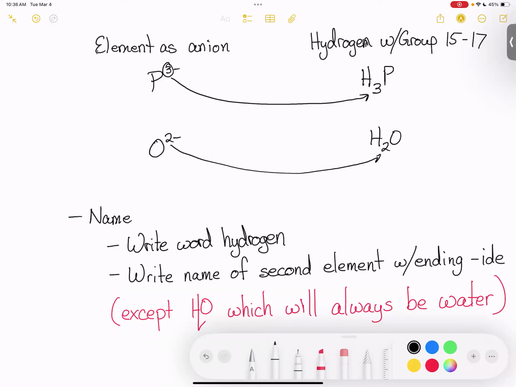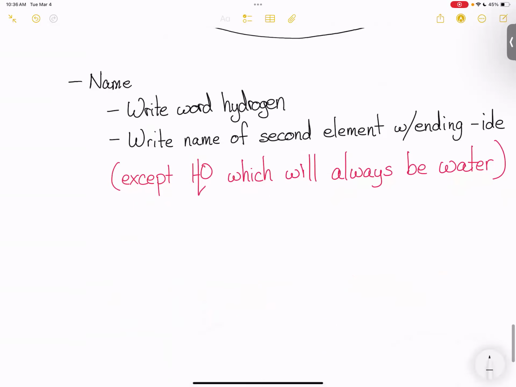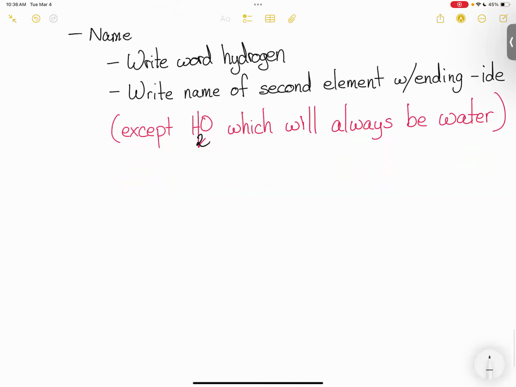Therefore we have to use the same naming system from one continent to the next. That's what naming's all about. That's supposed to be a 2. Why did it do that? I don't know.